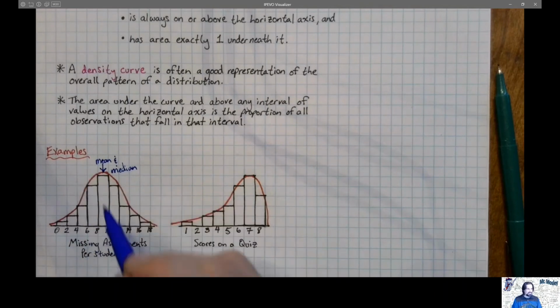That's because we're balanced here. The median is the point where it splits the amount of data in half. Half of my data is to the left of the median, half of my data is to the right of the median. It's the equal split point. The mean is the balance point. It may not be exactly at the equal split point unless we're symmetric.